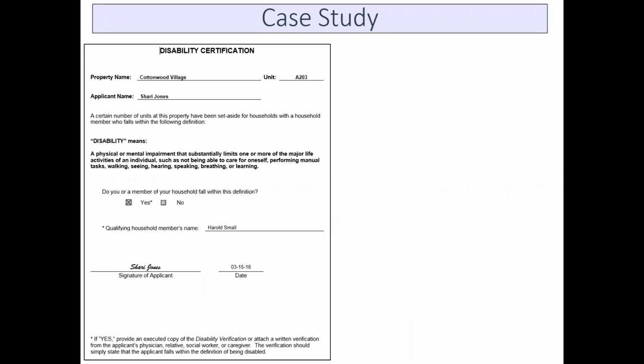A couple of other items that were in the certification packet. This household, if you noticed on Exhibit B, had a disabled set-aside. That means every household has to do a disability certification at the time of move-in. Just asking if anyone in the household meets this definition. This household has said yes. If the answer is yes, we need a verification, and we have that as well.